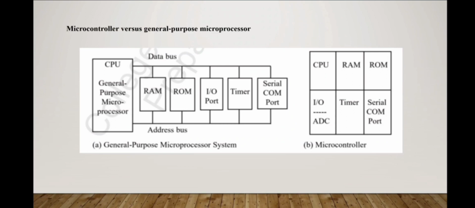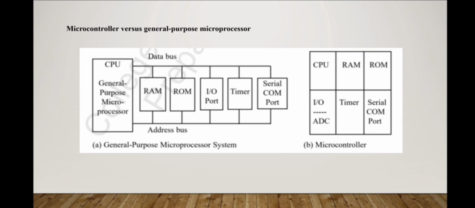But the only difference is that in a microprocessor, these units, that is RAM, ROM, IO port, timer, serial communication port, etc., are connected with the CPU by means of the data bus or address bus. But in the case of a microcontroller, all these devices like CPU, RAM, ROM, IO devices, ADC, DAC, timer, serial communication port are integrated in a single chip.